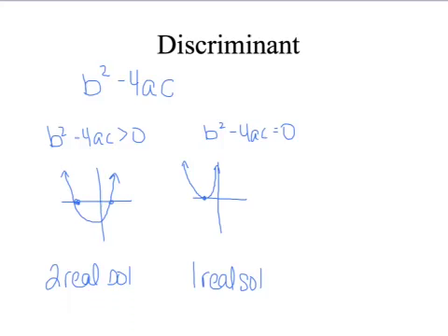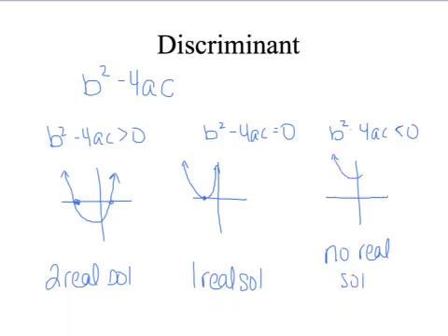Well, your third case, the discriminant could be negative. Now, we haven't really talked about what happens when you have a negative value underneath the radical sign. But in that case, you will have no real solutions, meaning no real x-intercepts.